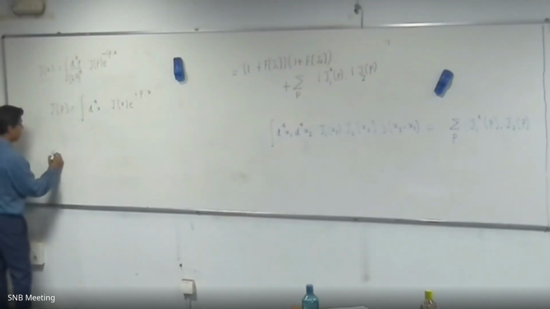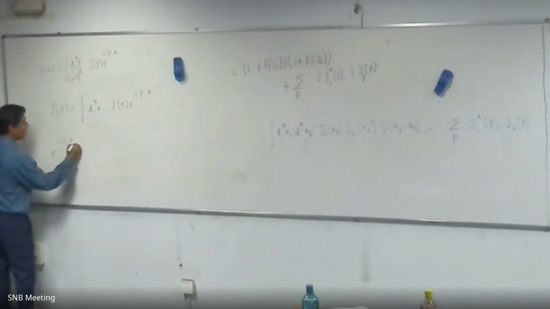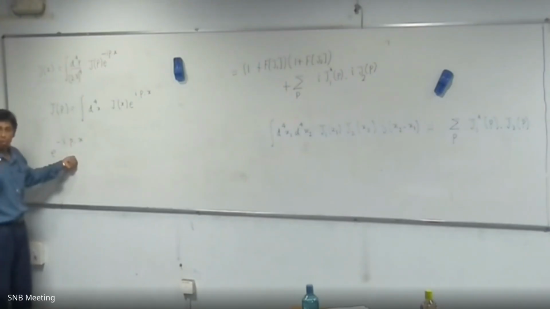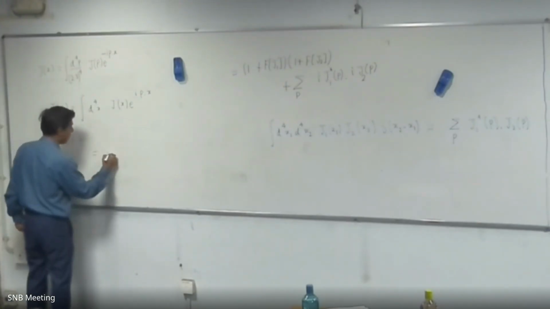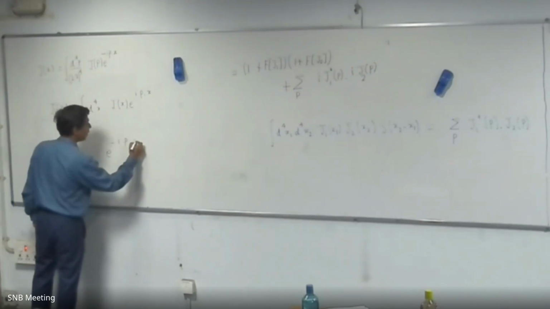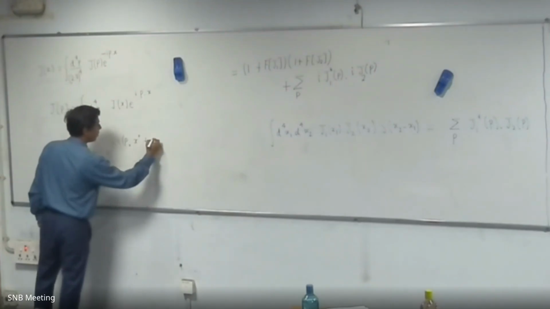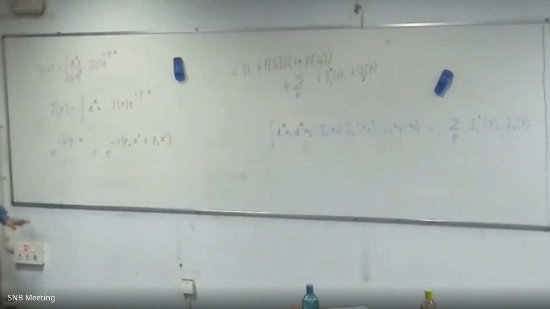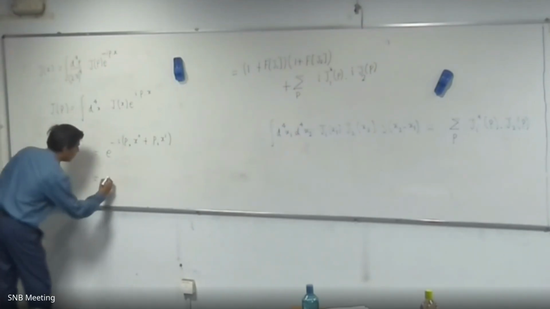Why? What is e to the power of minus ip dot x? I've said in the beginning that p is the four-momentum, but on shell. This basically means minus i P0 x0 plus Pi xi. Einstein summation convention, I have expanded it. But what is P0?